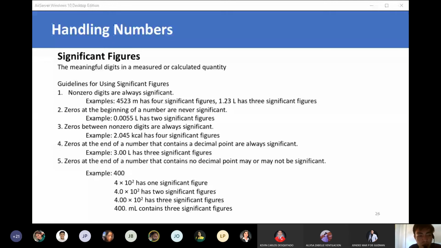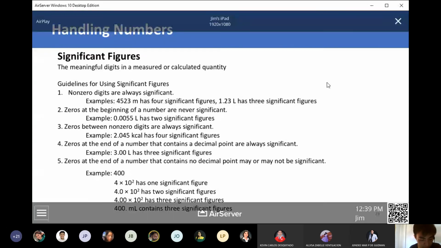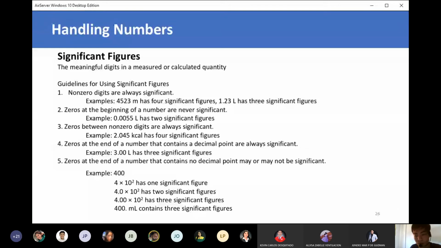Okay, so rule number 1, all non-zero digits are considered significant. So when you say significant, they matter. Okay, so anyway, all non-zero digits are significant. So that means any number except 0 is significant. We can call them significant numbers. For example, I have 5, 3, 2, 1.